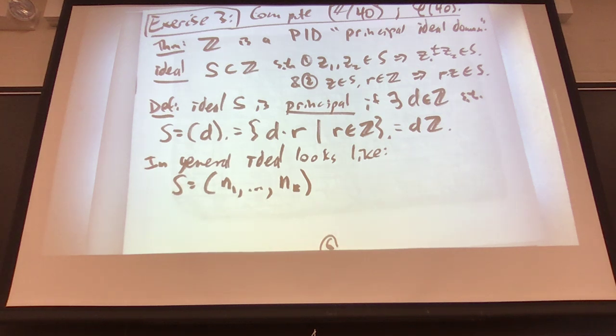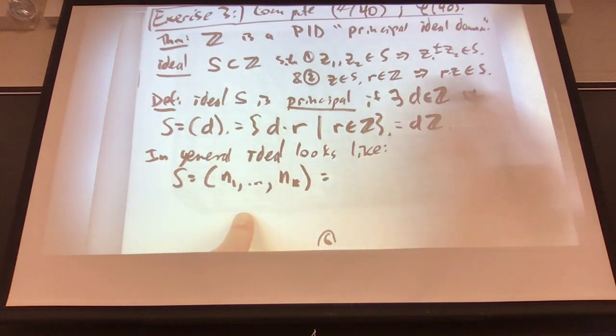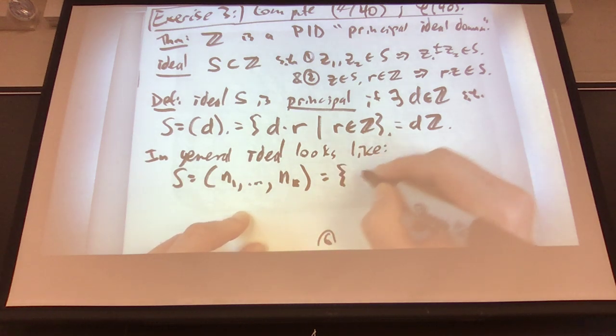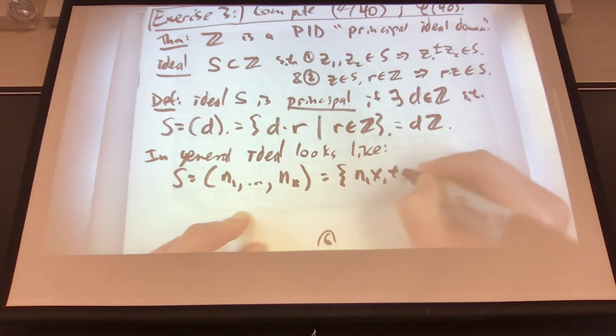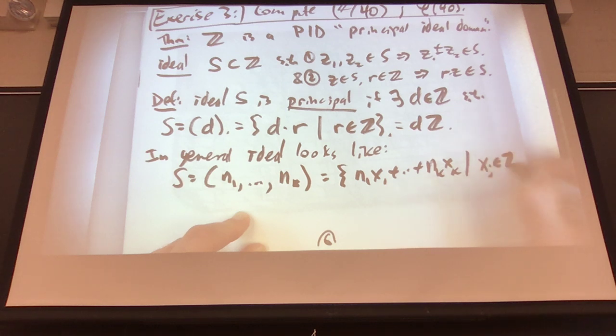So what is the ideal generated by a whole bunch of numbers? Yes, exactly. Just as before, we can take any multiple of any of those numbers, but we can also take all sums and differences, but differences we have anyway because we have -1 as a multiple. So this is exactly the set of all linear combinations, n1 x1 plus ... plus nk xk, where the xj are all possible integers.